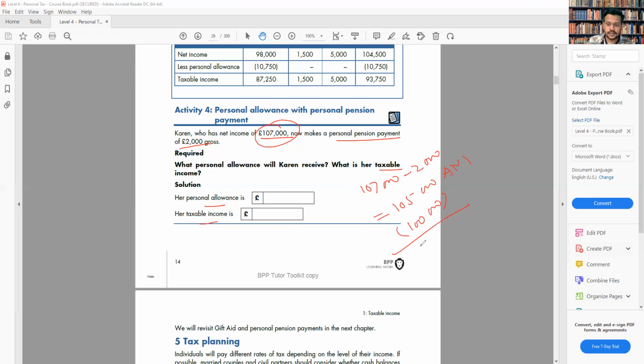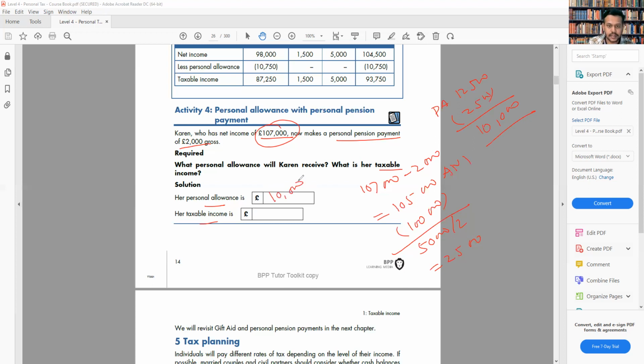So the difference is 5,000 divided by 2. So 2,500 will be reduced from the personal allowance. Normally the personal allowance is 12,500 and you minus 2,500 from here. So the new personal allowance will be 10,000.